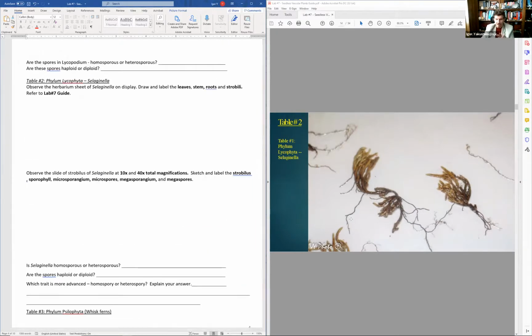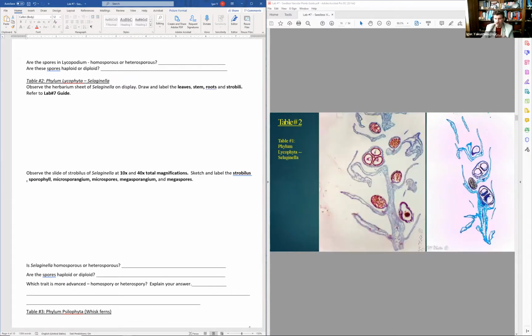Now, when we start looking inside of the strobilus, look at this. We have a strobilus overall, and we have different sporangia. Here we have a sporangia which contains only 2 huge spores, but that sporangia in the same strobilus contains tons of tiny little bitty spores.